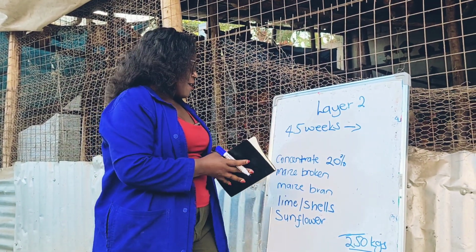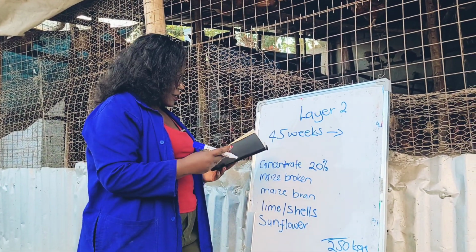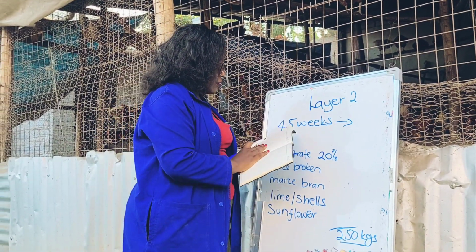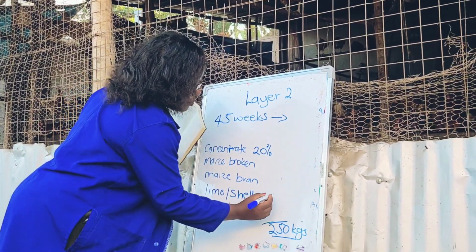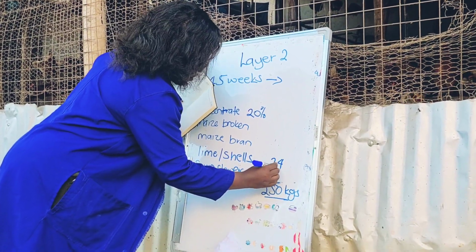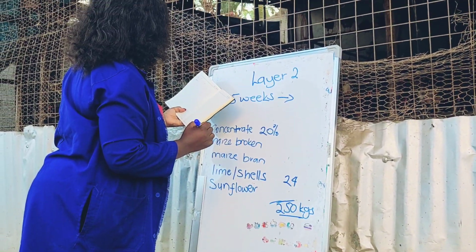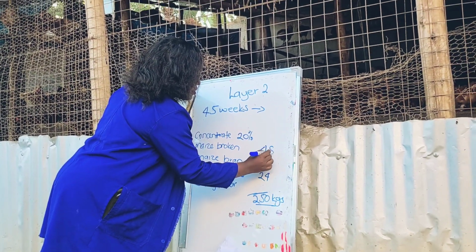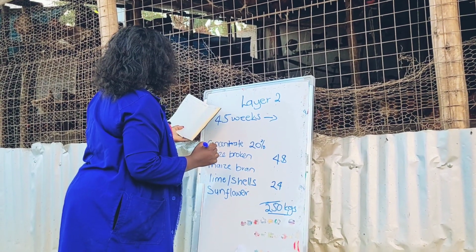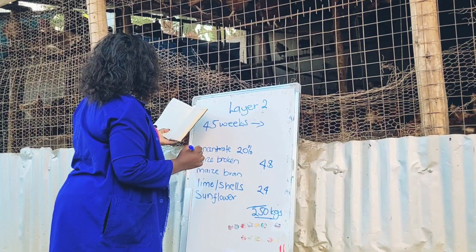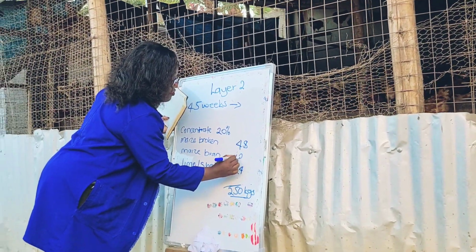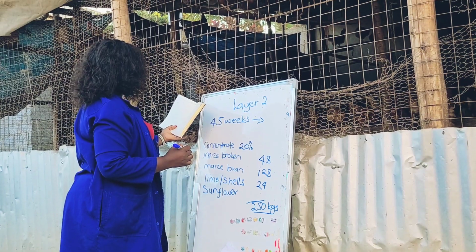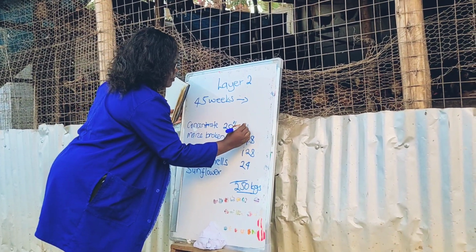So the formula is the layer 2 stage, lime 24, maize broken 48, maize bran 128, then concentrate 50.